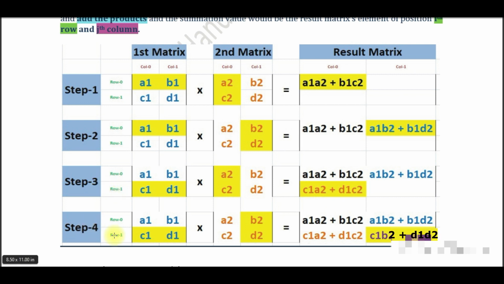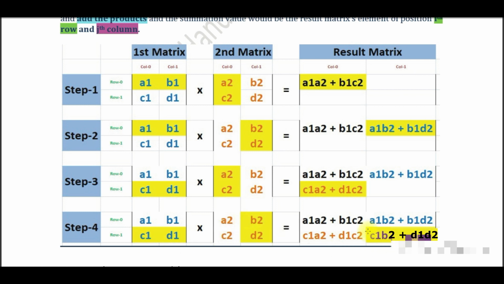And the fourth step is taking the value for these positions. This is row 1 and also column 1. So the 1 1 position, i is equal to 1, j is equal to 1. So if we multiply and then sum, that will come here.